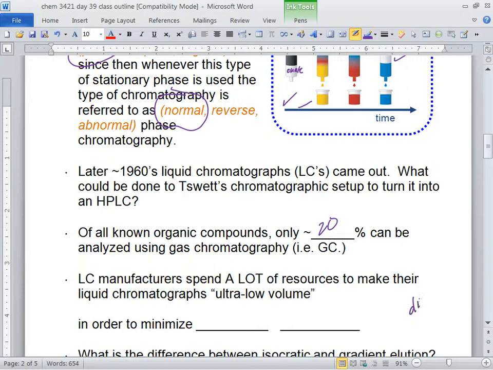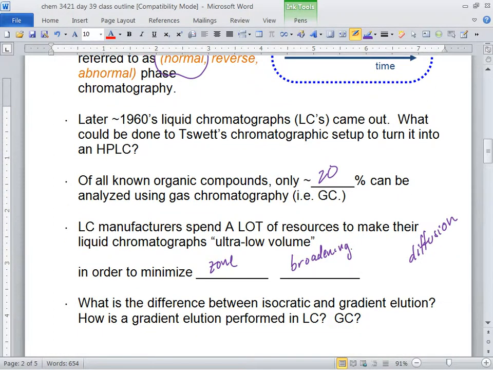They use it to minimize diffusion, but there are two types of diffusion, eddy and longitudinal. I think we called it zone broadening, didn't we? Yeah, we did call it zone broadening. So to minimize zone broadening. That's the best way to say it. The answer is really diffusion, but it's confusing because there's two types of diffusion, so that's why you say zone broadening.